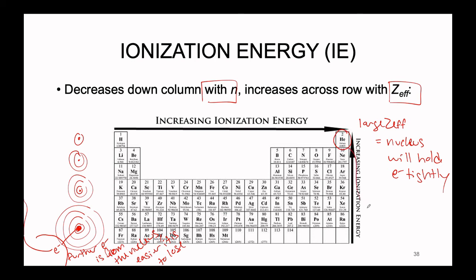It is difficult to lose electrons up here. So it's very easy to lose electrons in the lower left-hand corner. The larger the element and the more metallic it is, the easier it is to lose those electrons. Conversely, the smaller your atom is, the more non-metallic it is, the more difficult it's going to be to lose electrons. They're just going to be held too tightly.